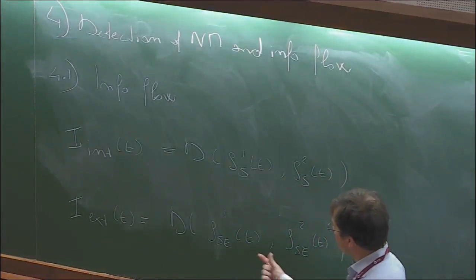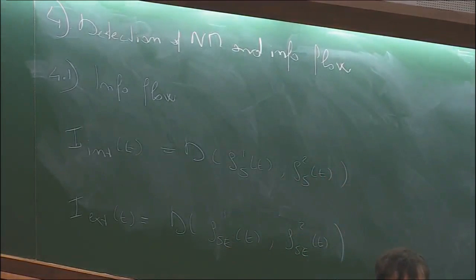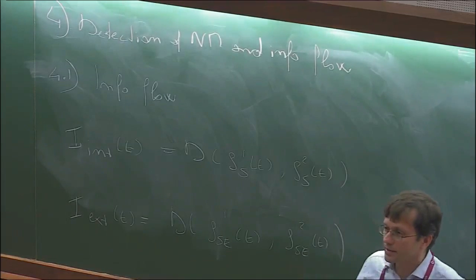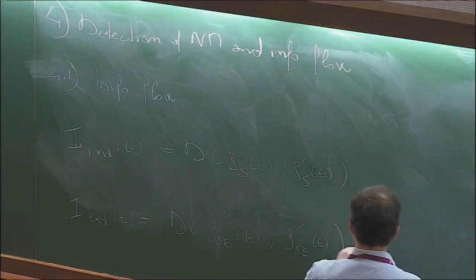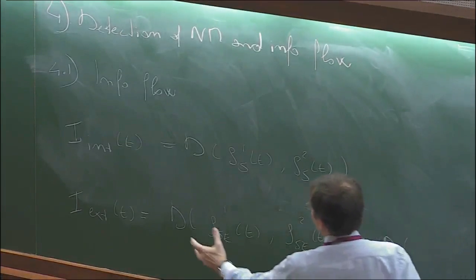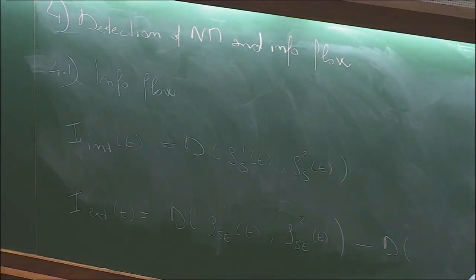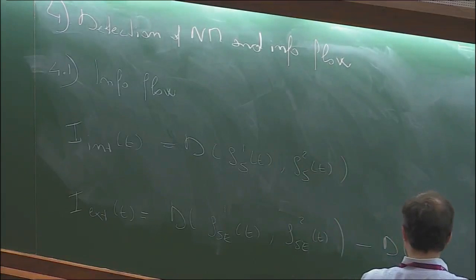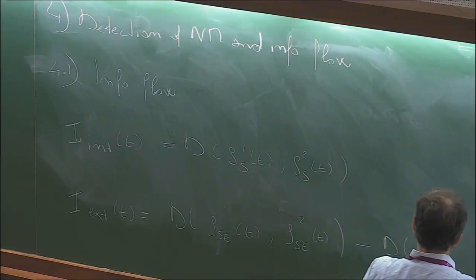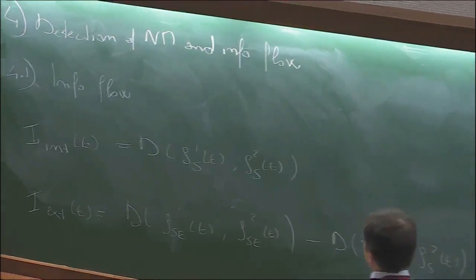What do I mean? I take two different initial conditions, let them evolve, unitarily if you want, and consider the trace distance in this larger space, minus this contribution. So this is the overall information minus the local internal information, and this I call, in a sense, external information. So this is the trace distance between rho S1 at time t and rho S2 at time t.